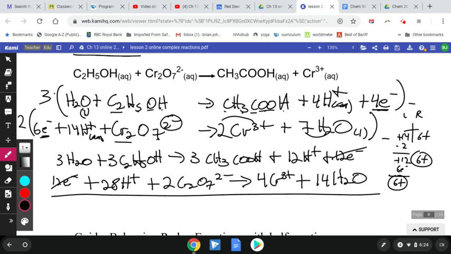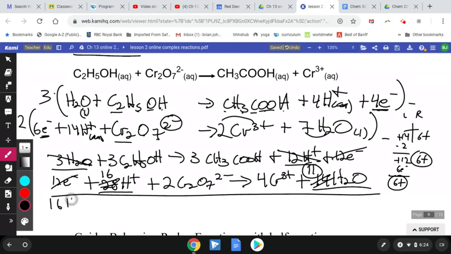So in this reaction, we have 3 water on the left and 14 on the right. So we can take away 3 from both. 3 is gone. 14 becomes 11. Okay, anything else? H pluses, 28 and 12. So we can take away 12 from both, which leaves 16. And I think that's it.